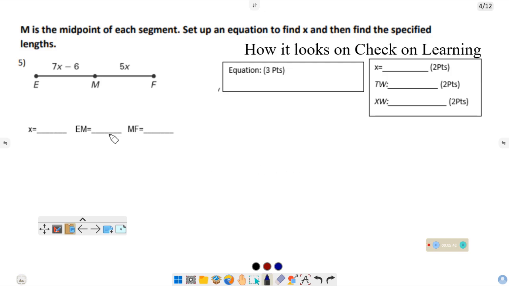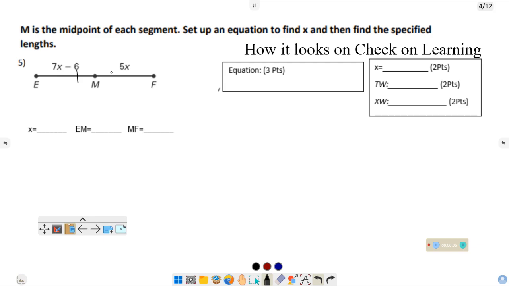So instead of it having like 3 little blanks right here, like you had on your handout for your practice, what I did is I made you a box where you have to write your equation. You get 3 points for that. And then for all the information that you're being asked, you get 2 points for it. Okay? Now, that's what it looks like.